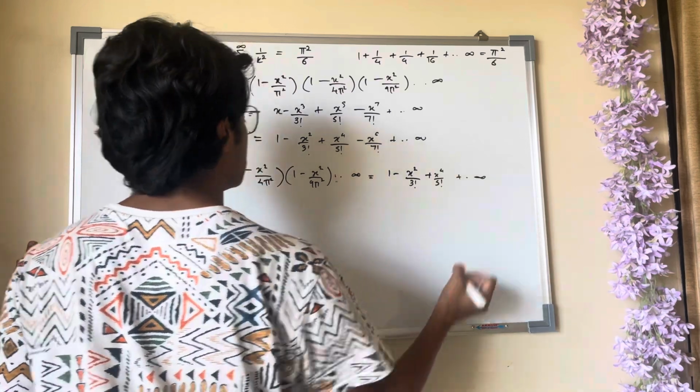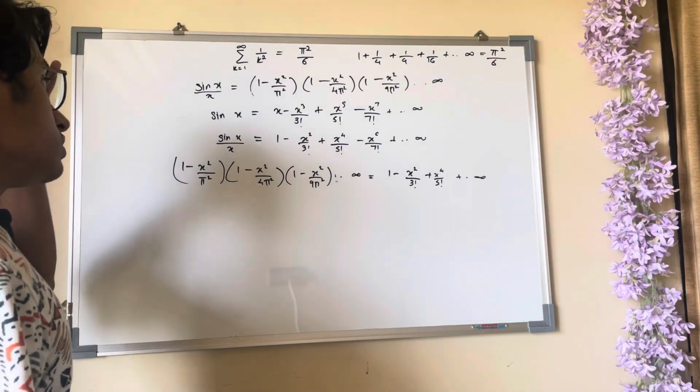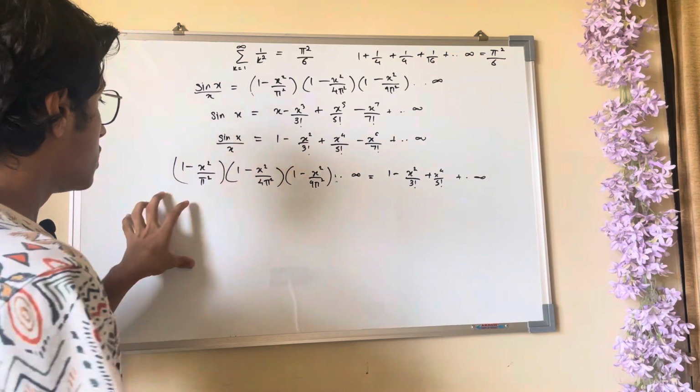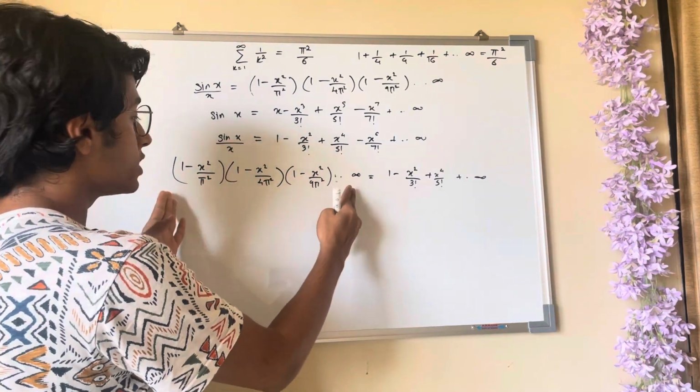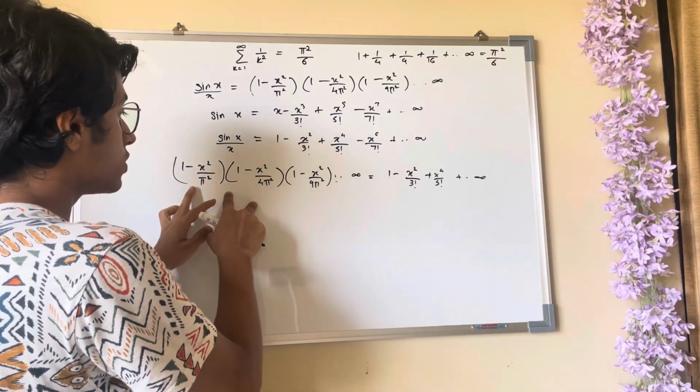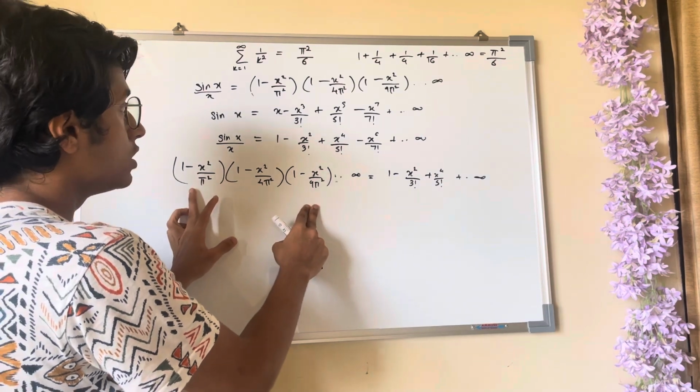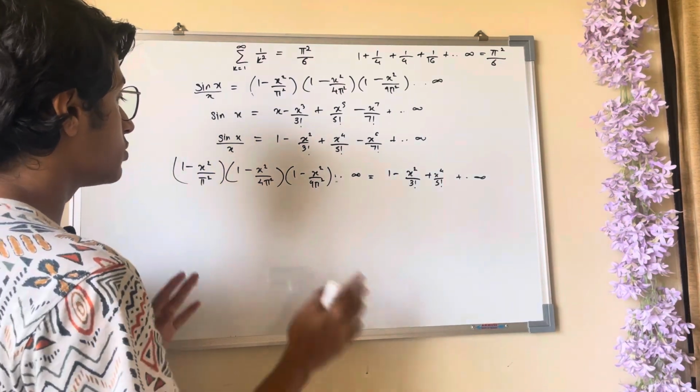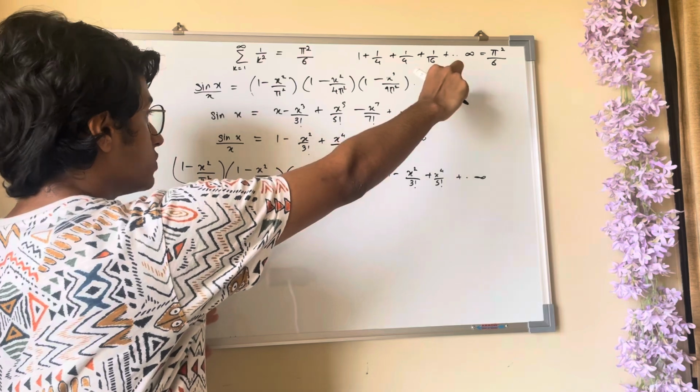so on till infinity. Now if we observe in this, the left hand side, if we take out the coefficient of x square, we will get something in the form of this sequence.